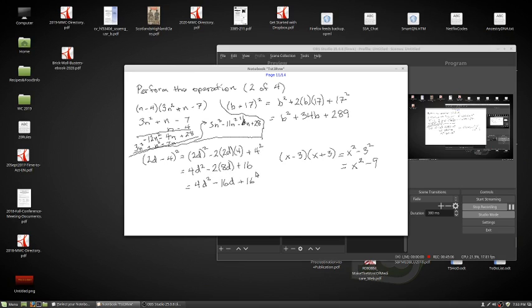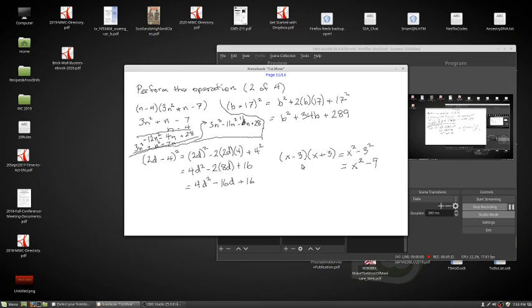So when we completely multiply it out, and this is a little more complicated because we've got a coefficient on our variable term here, we get 4d squared. Negative 2 times 8 gives us the negative 16 times d, and then plus 16. Okay, that's the difference of squares.